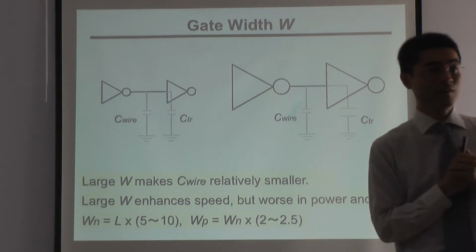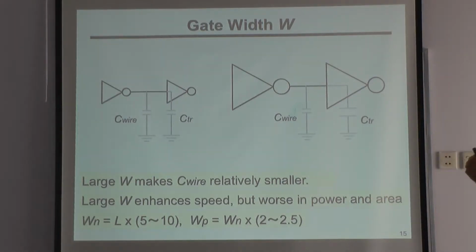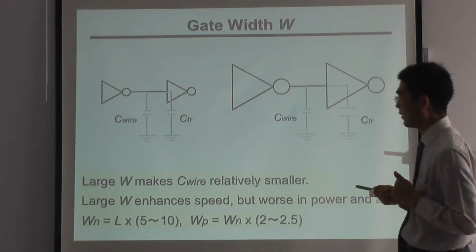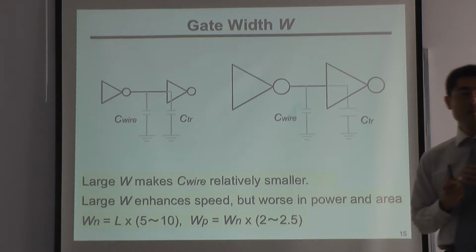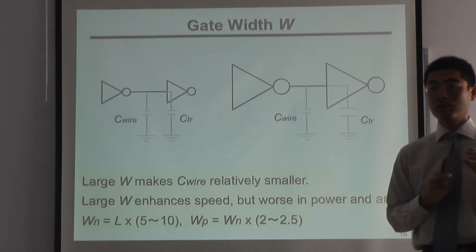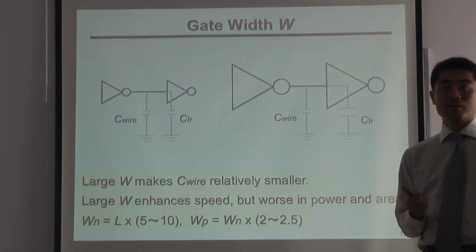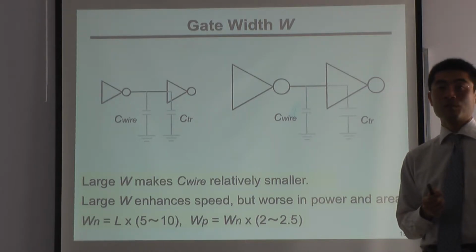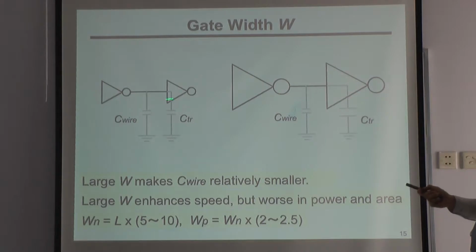And the next one is gate width. When we consider the delay time of inverters, the reason to have delay is the capacitance of the wire and the input capacitance of the next stage.